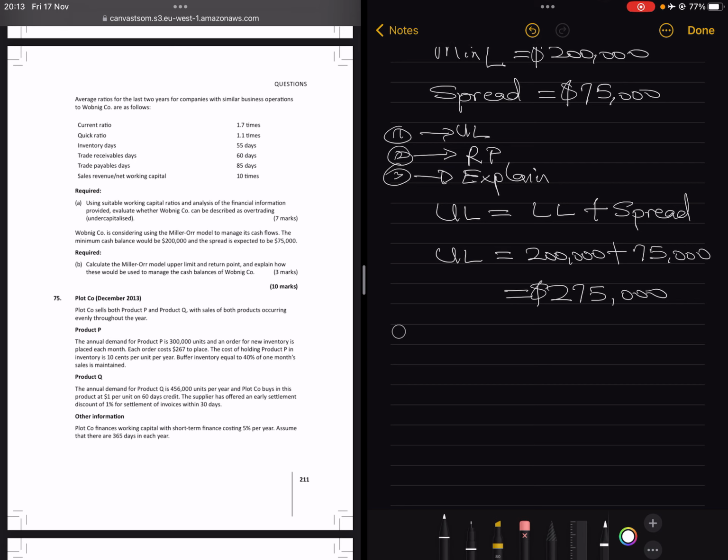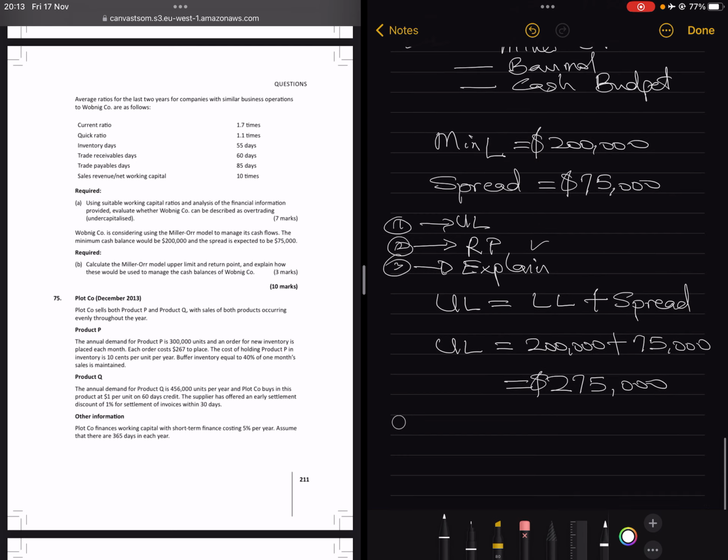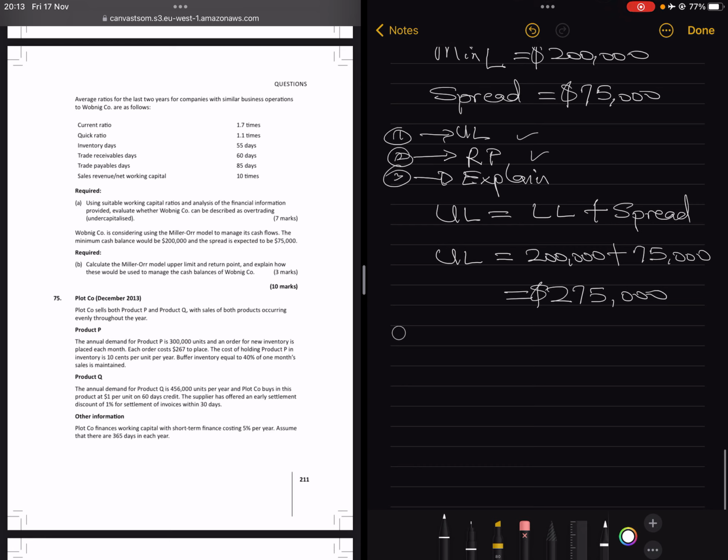The second one is we're asked to calculate the return point. Return point is equal to 1/3 of spread plus lower limit.